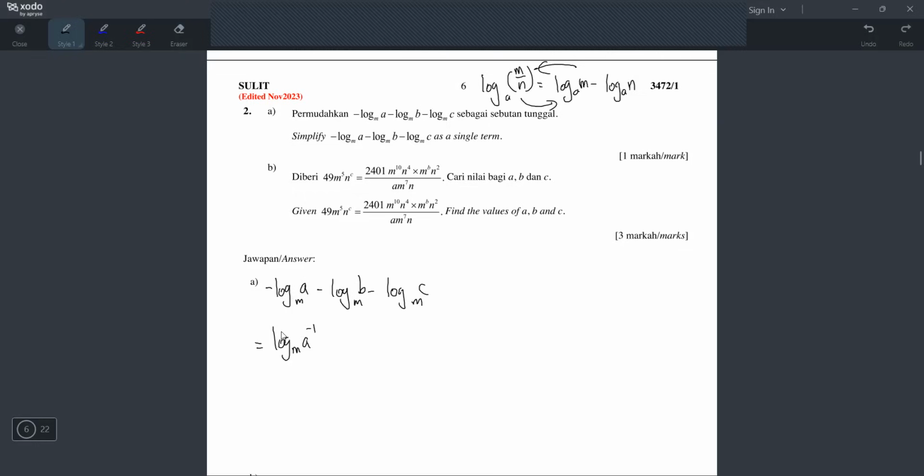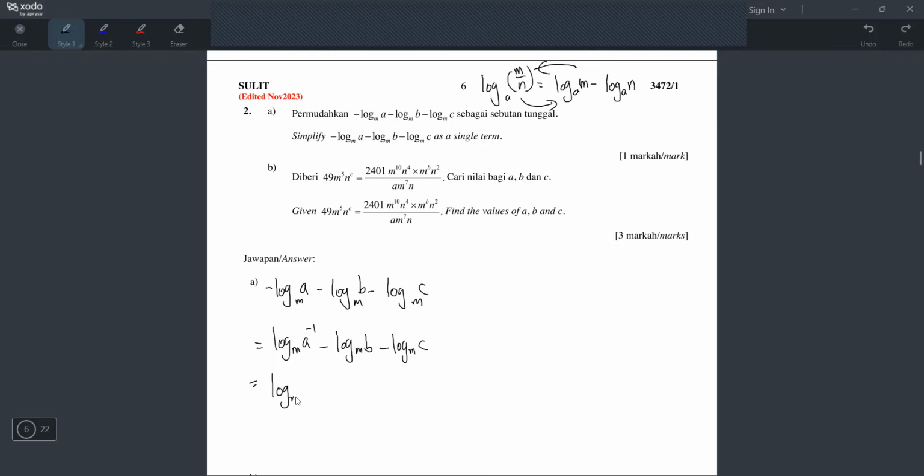If we have a number in front of a log, we can send it up and it becomes a power. The other two I will leave as they are, log m b and log m c, because there's already no number in front. I just want to make sure the front-most term has nothing in front. Now we can see it's separate log minus, separate log minus.